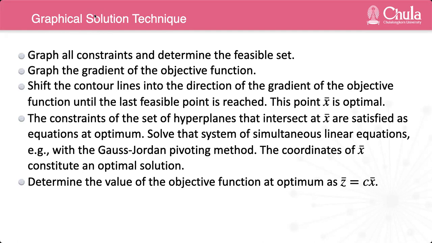Then graph the gradient of the objective function. And then you shift the contour line, or isoprofit line, in the direction of the gradient of the objective function until you reach the last feasible point.